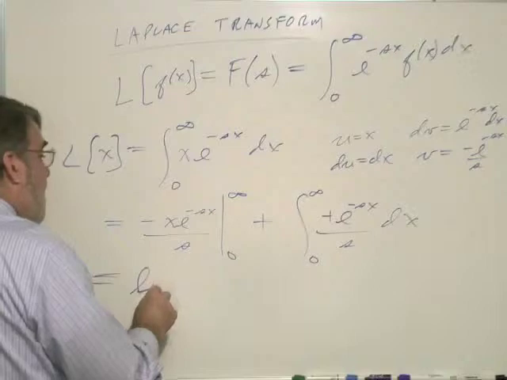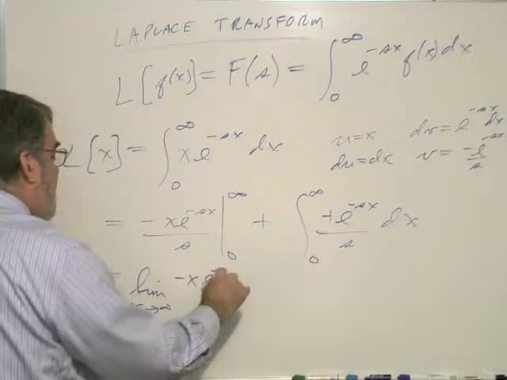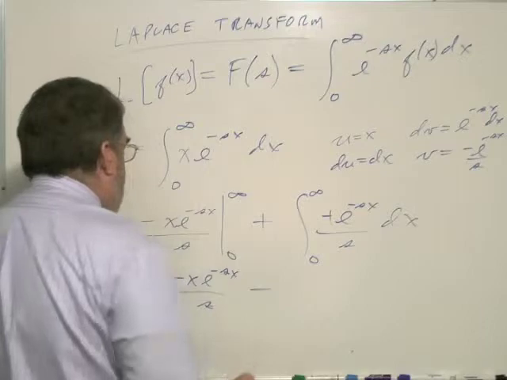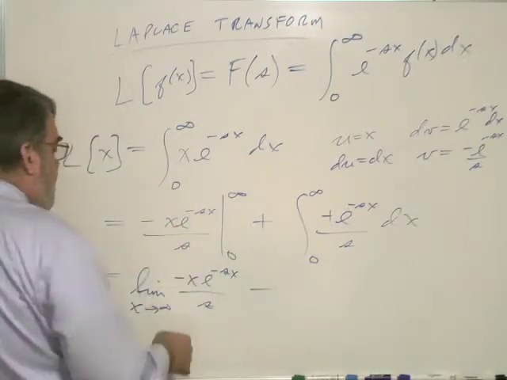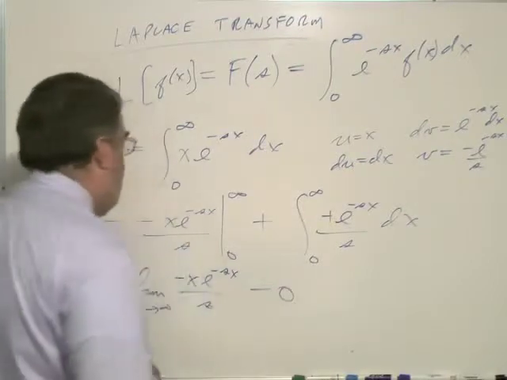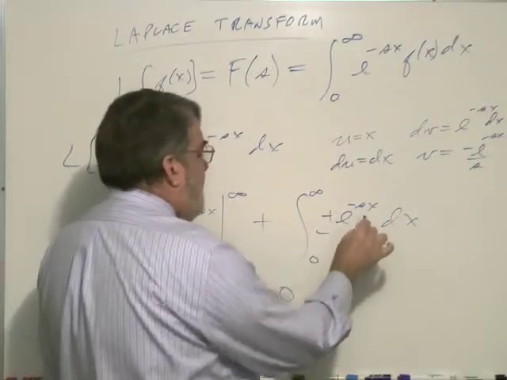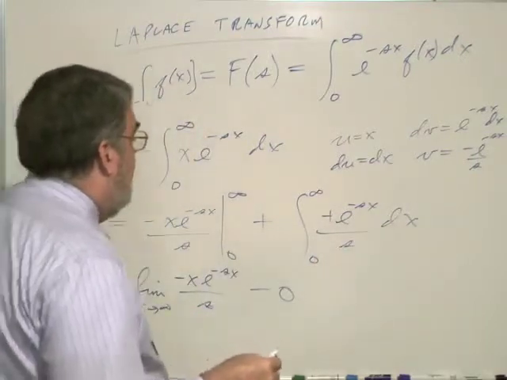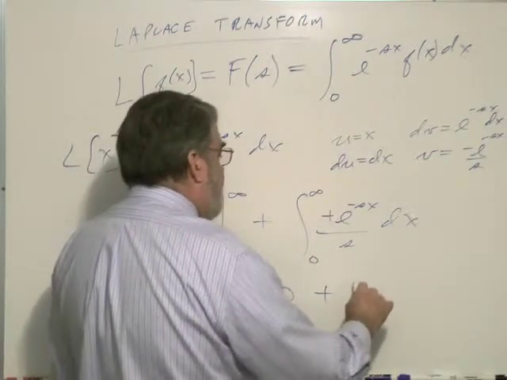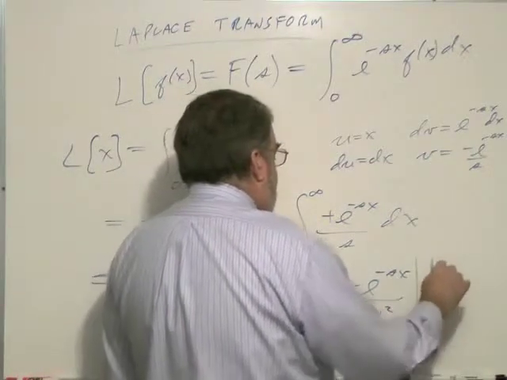So we have the limit as x goes to infinity of minus x e to the negative sx over s, minus, plug in 0, and when I plug in 0 I have 0 times e to the 0 over s. That's just basically 0. And then we have this integral, and when I integrate this, remember s is a constant here in the context of this integration, and so this will be a plus minus e to the negative sx over s squared from 0 to infinity.